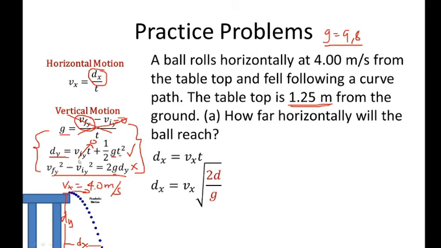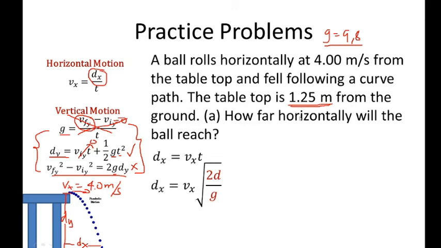Then to remove the square, you just get the root, so the square root of 2d over g. This 2d is 2dy, the distance in the y. So again, do not confuse yourselves with dx. This one is dy, since this is the height of the table.